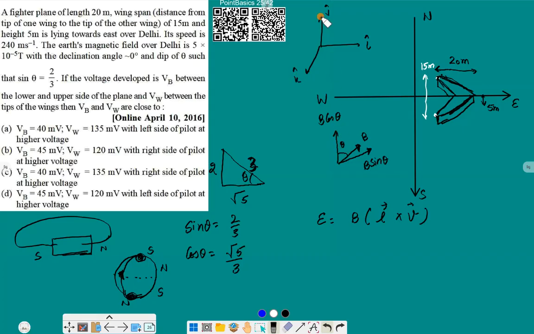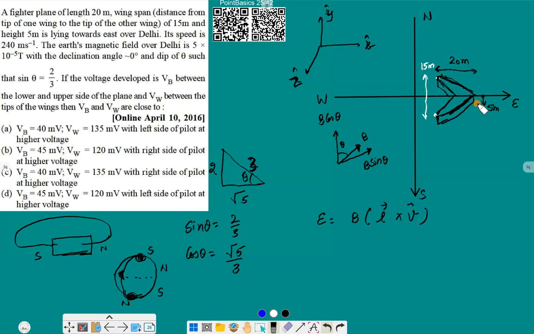So B cos theta is in the y direction, and this 20-meter length is in the x direction. So both magnetic field and the length are perpendicular, and also this 5-meter length is in the z direction. So again, both magnetic field and the length are perpendicular.